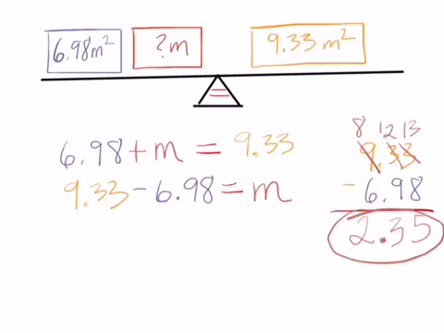Done. Did you beat me? So the answer would be 2 and 35 meters squared, or square meters, of fabric was used for that border. And that would end up being this right here.